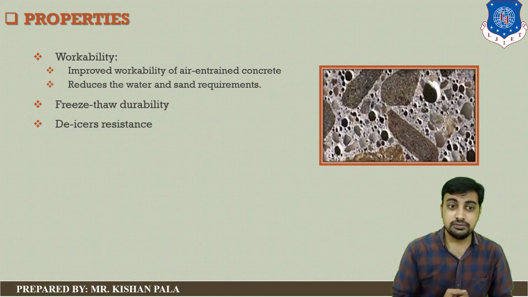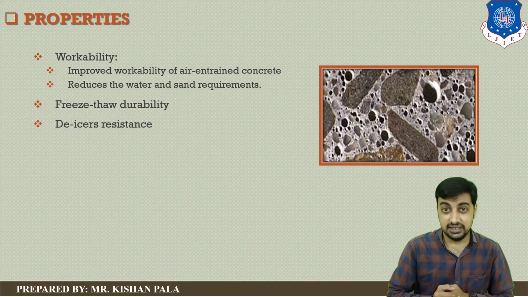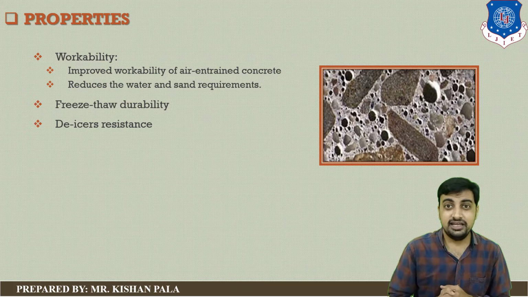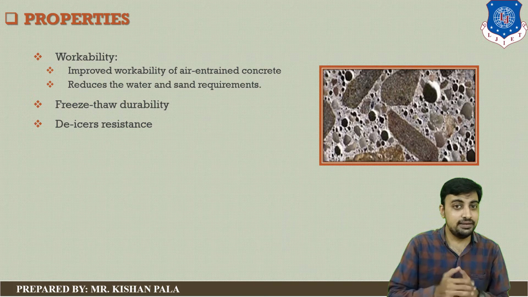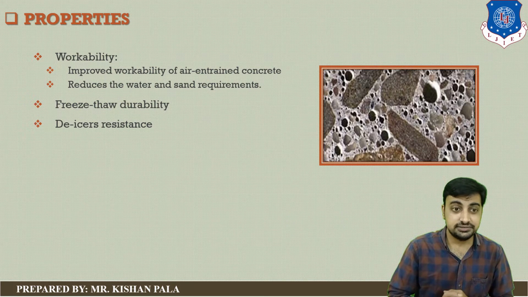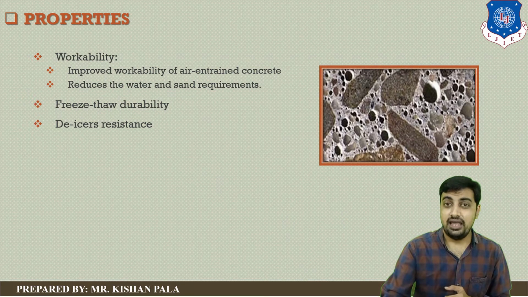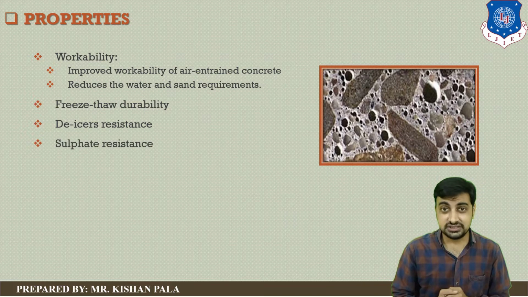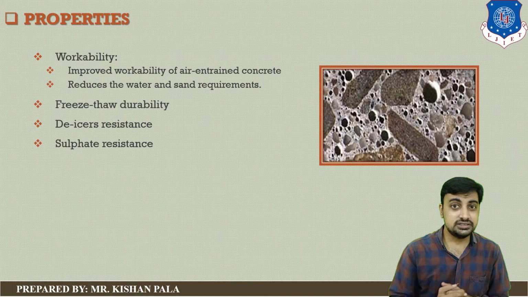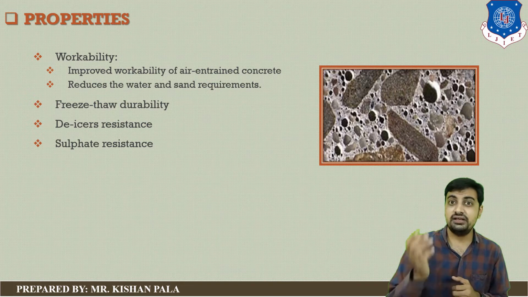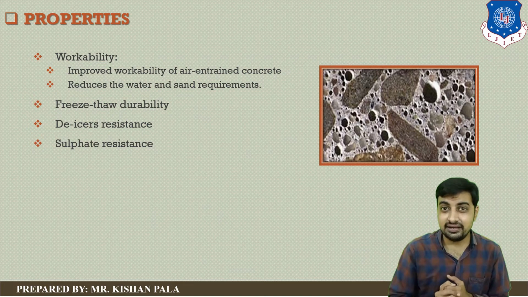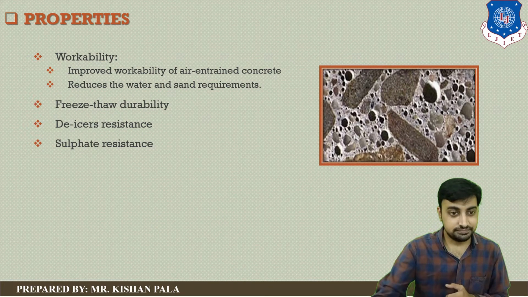And next one is de-icers resistance. With introducing the air entrainer in your concrete mass, the resistance against de-icers increases. Next one is sulfate resistance. So you can increase the sulfate resistance by introducing the air entrainer in your concrete mass.